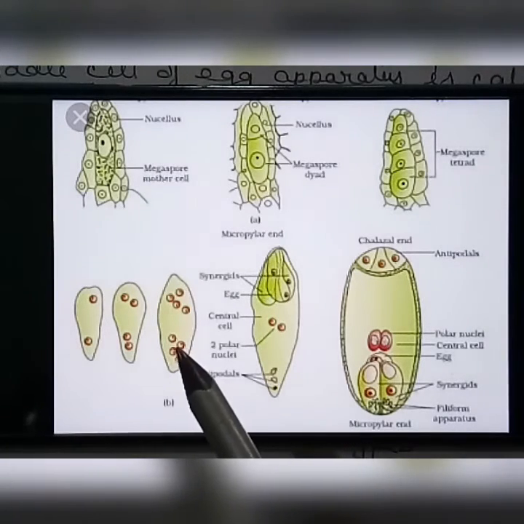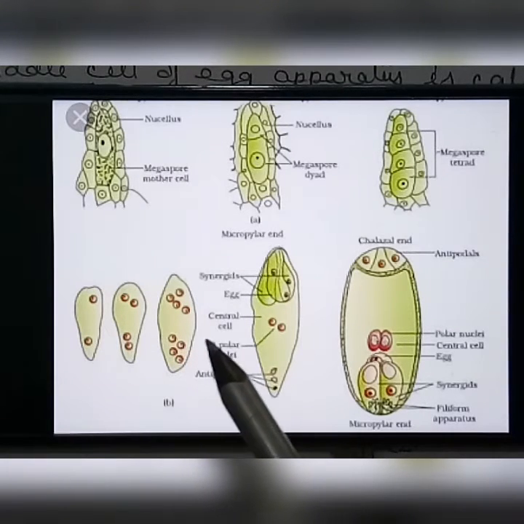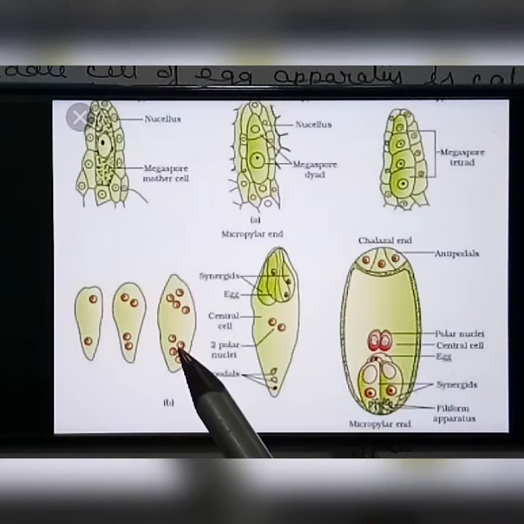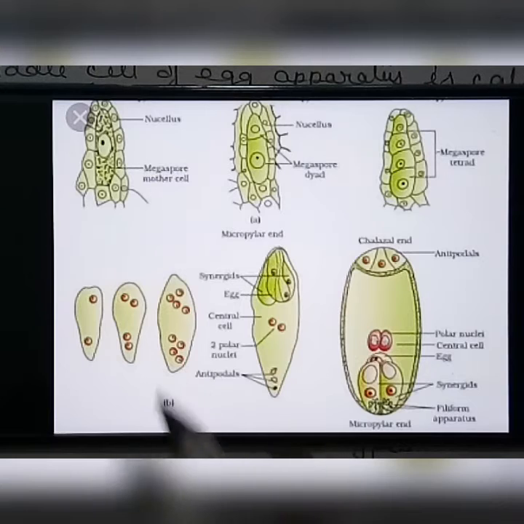Out of these 8 nuclei, 4 are present at the micropylar end and 4 at the chalazal end.